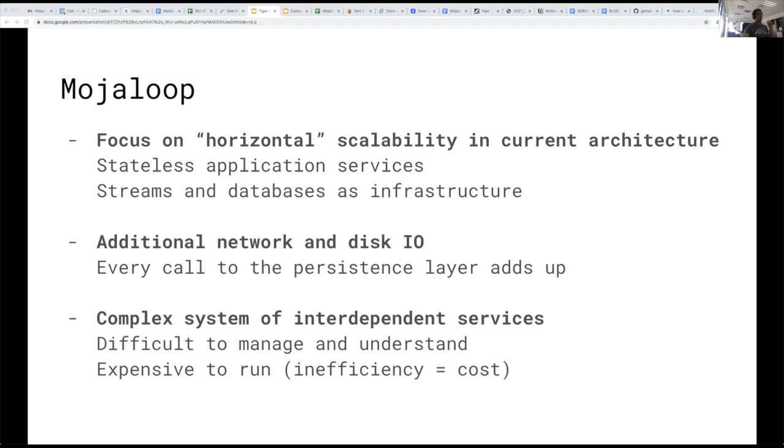So we think we could use TigerBeetle to replace a number of microservices and reduce some of that. And then, as Miguel and Pedro pointed out, the event-driven architecture, or the direction things are going, is complex. It's a complex system of interdependent services.